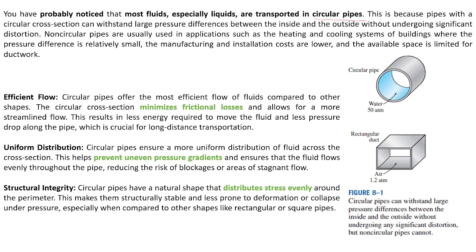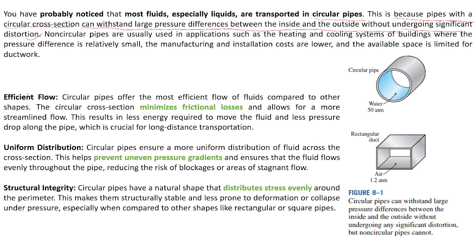The reason behind it: the pipe with a circular cross section can withstand large pressure difference between inside and outside without undergoing sufficient distortion.